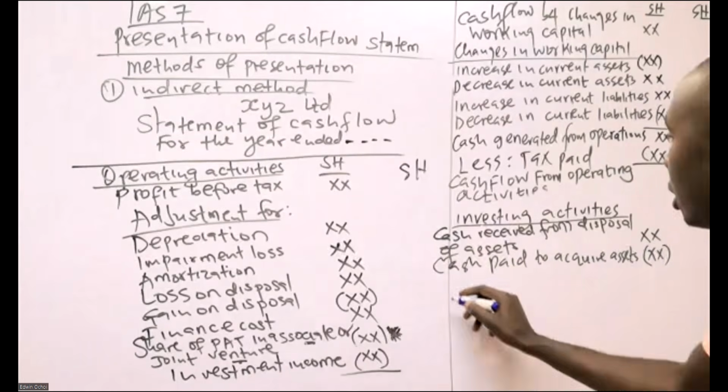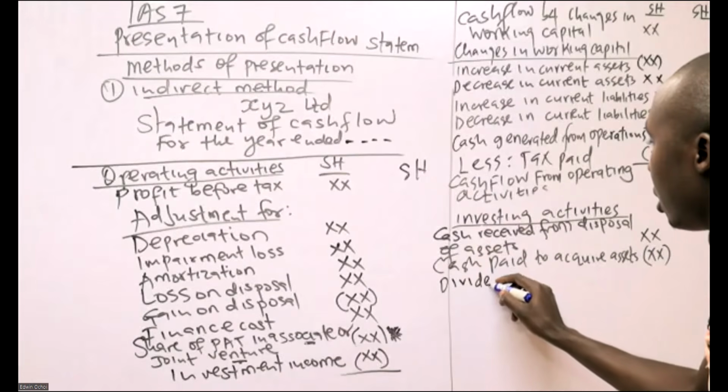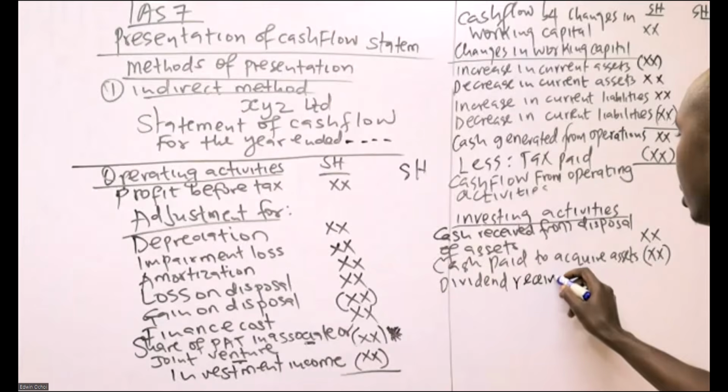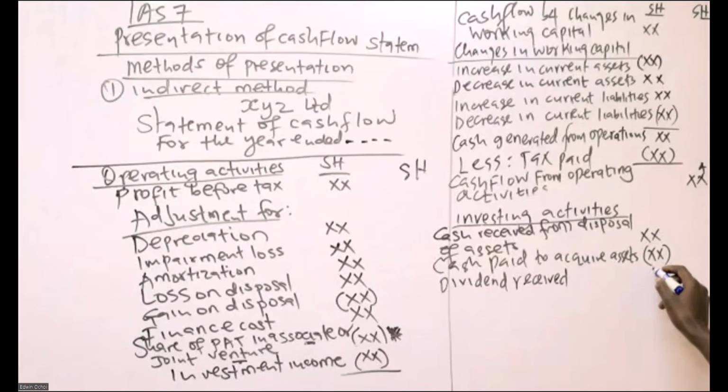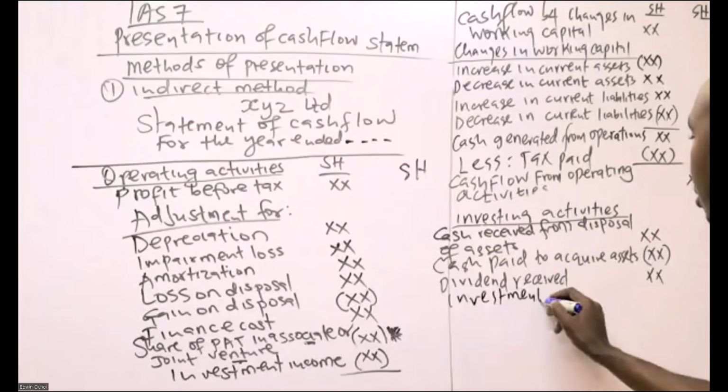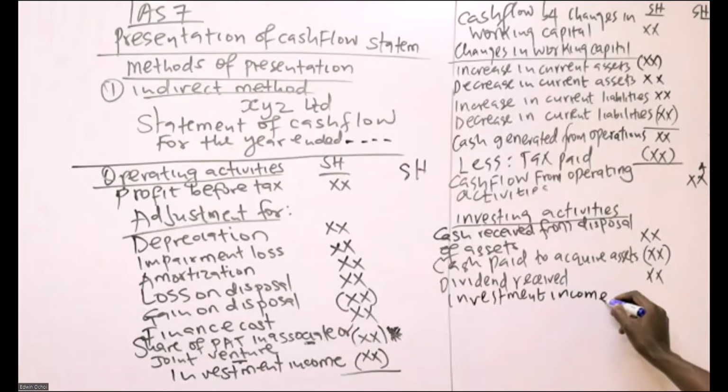Then you consider dividend received. So the dividend received, that is money in. You consider investment income, again, you earned.